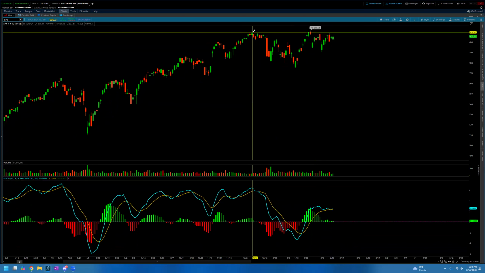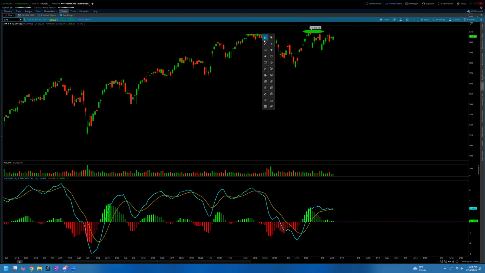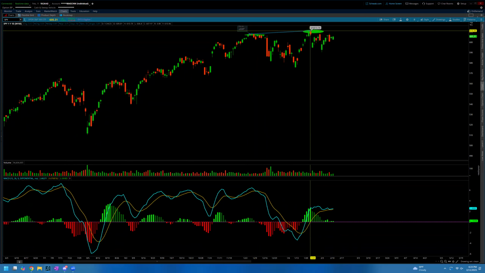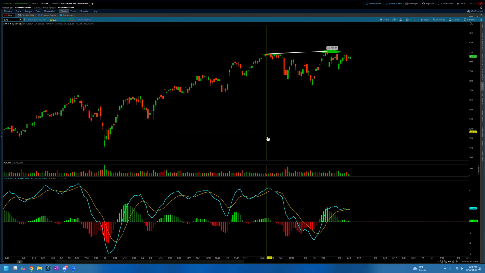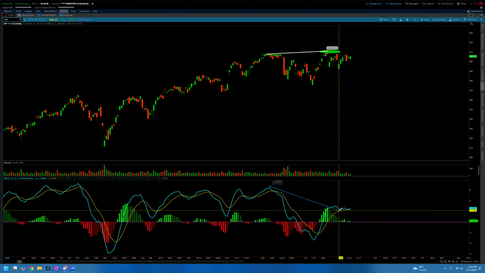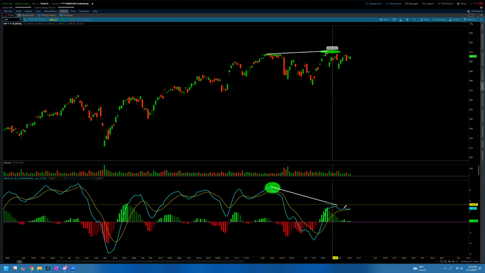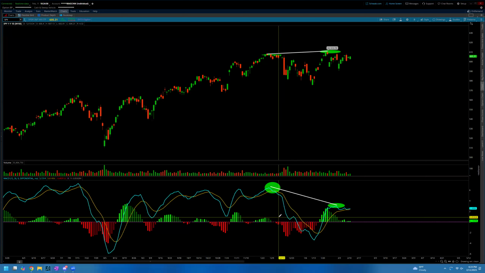And what that might look like is, for example, here at this point, we made a higher high. So at this here, price topped out around 607. Here, price topped out around 610, right? So we made a higher high in price. However, the MACD actually made a lower high, right? So this is kind of another indication of potential weakening momentum, is seeing this potential bearish divergence in the MACD.